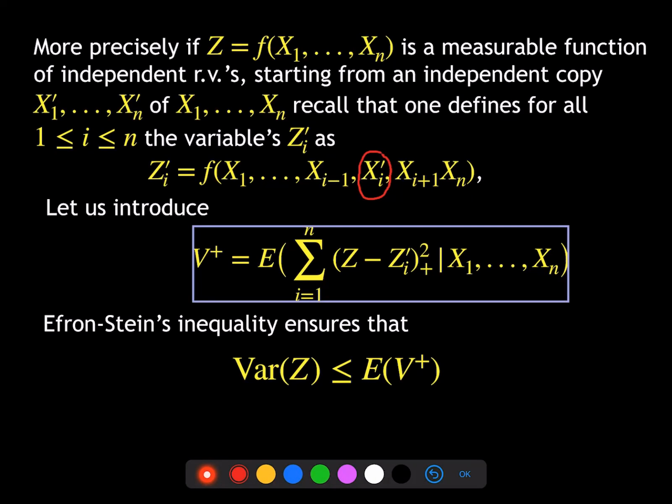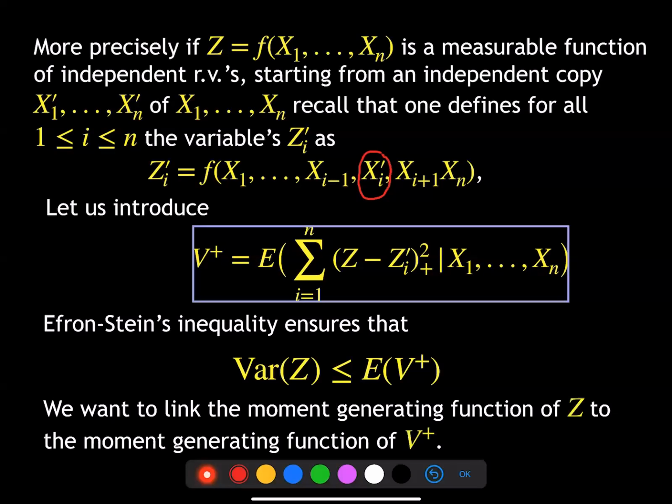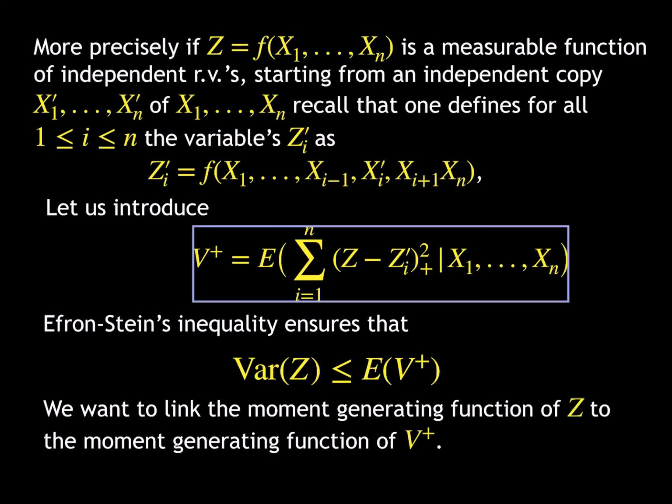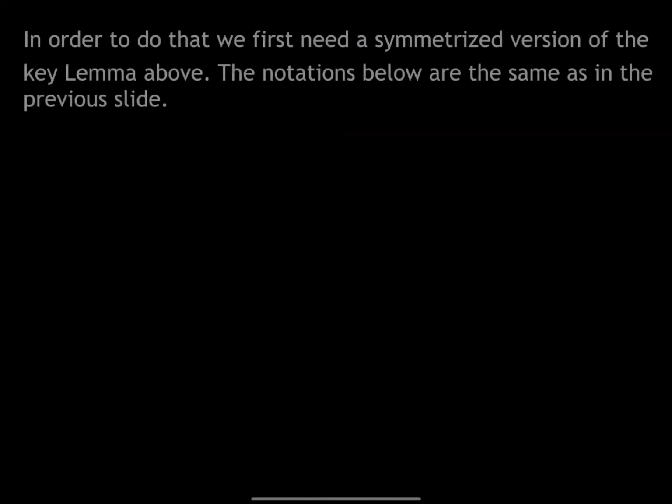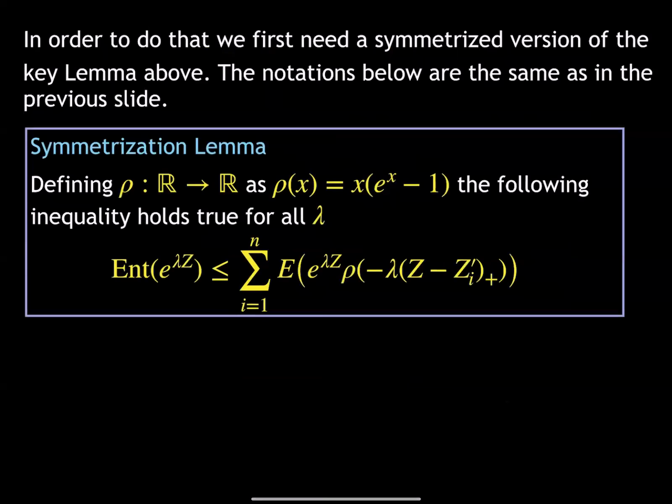And now our purpose is to link the moment generating function of Z with the moment generating function of V plus. And this is what we can do. We can prove a structural inequality. To do that, we shall need a symmetrized version of the key lemma that we shall prove.